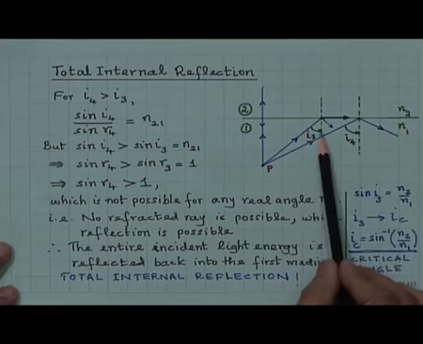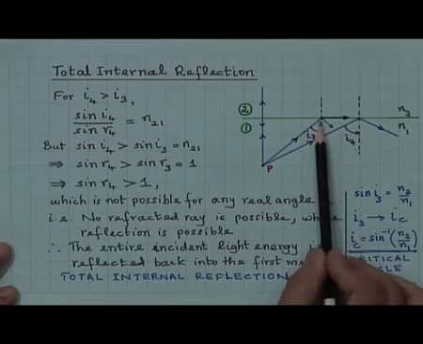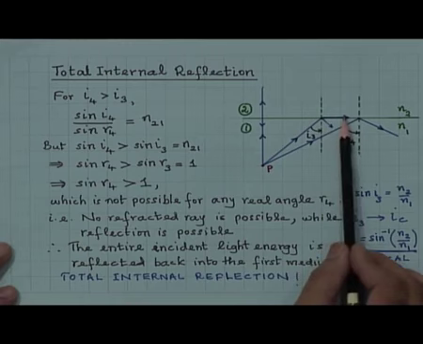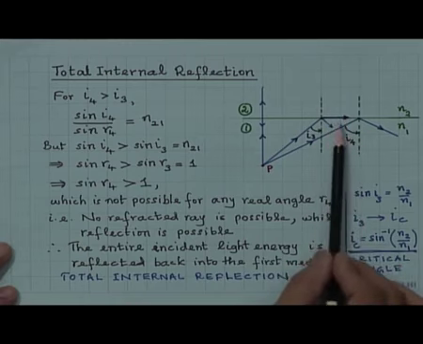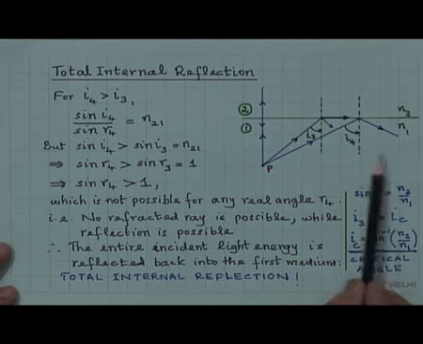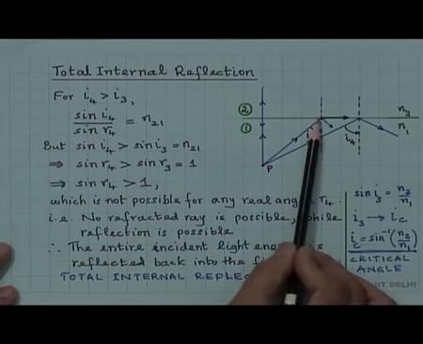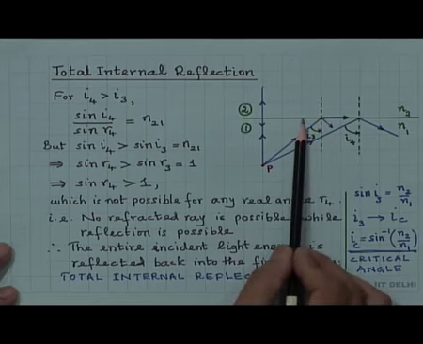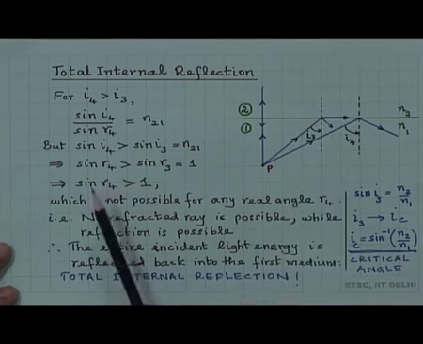It is called the critical angle because for any angle larger than that, there will be no refracted ray and the entire light energy is reflected back into the medium. Whereas for angles smaller than I3, we have both the reflected ray and the refracted ray.